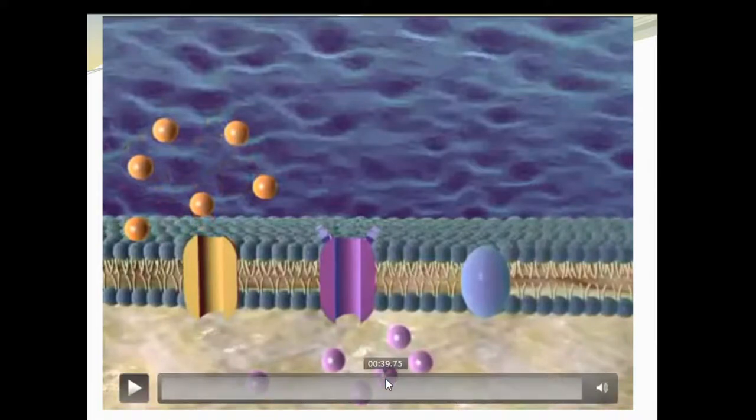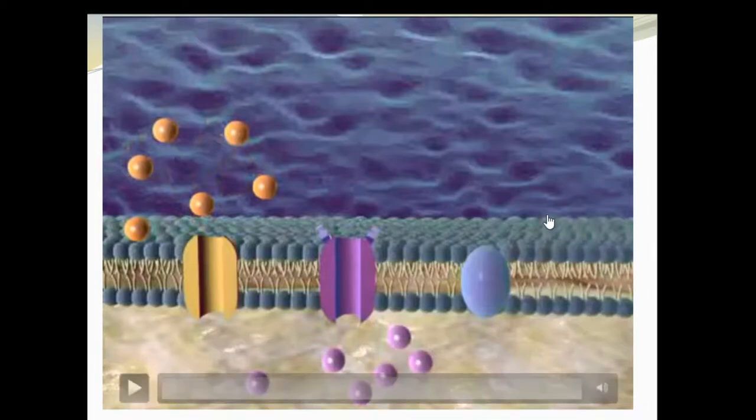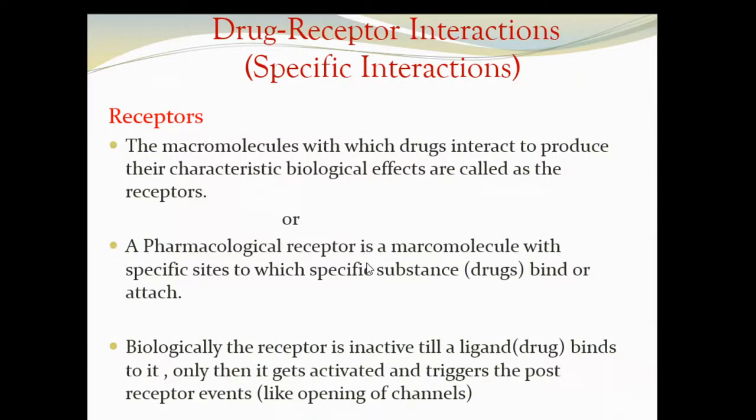So we have seen the receptor and the ligand which will attach to the receptor and show an action. We have seen that it will open the channel. So now we can say what receptors are.